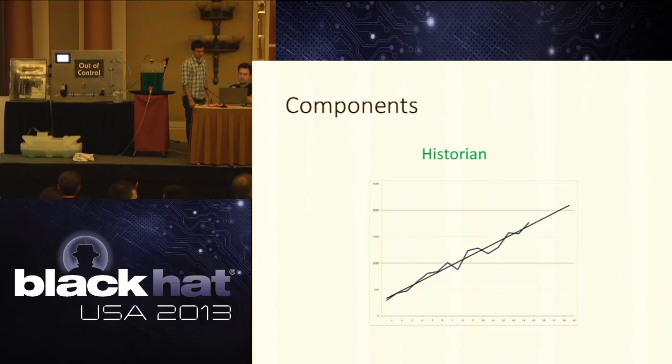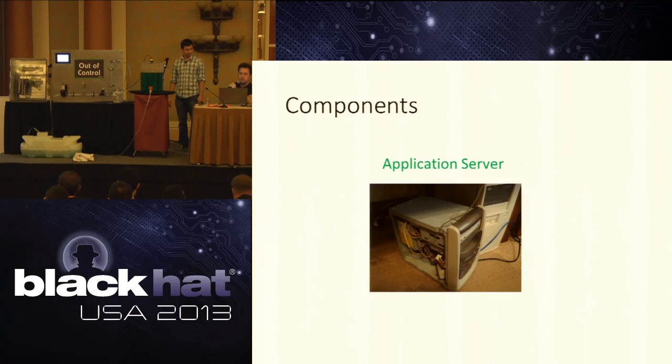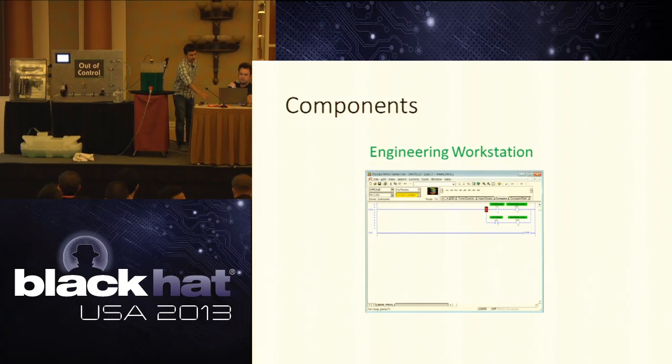And just briefly, we're going to go through and point out some of the components that we have here. The historian is not represented in our demo, but the HMI is the panel you see up there that's displaying a view. That's how the operator views the process and has some control. The application server is really just any computer that aggregates the data from the field to bring up to the network.